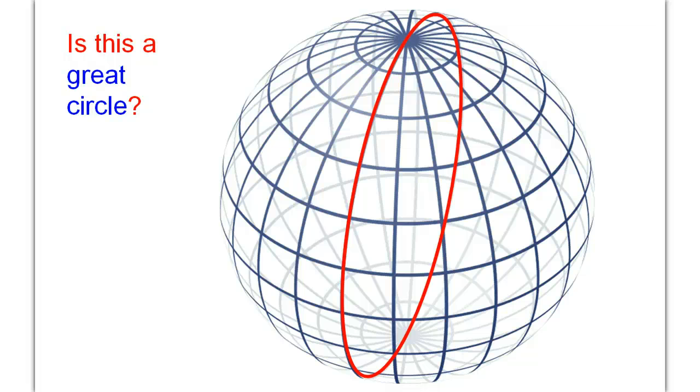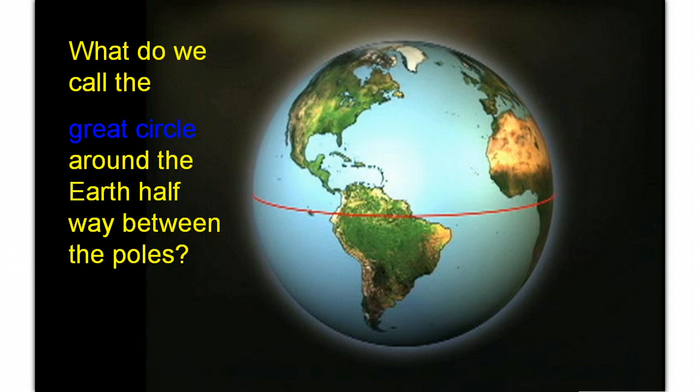These red circles are lines of longitude, the ones going through the poles. Those are always great circles. But of the lines of latitude, only one is a great circle. What do we call the great circle around the Earth, halfway between the poles? That's the equator. So the equator is a good example of a great circle.